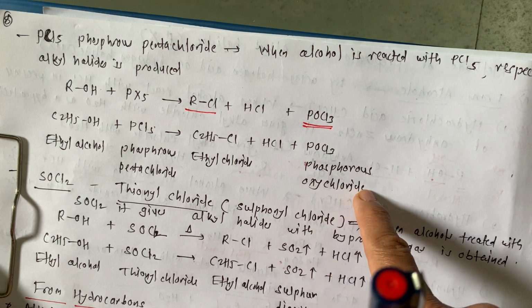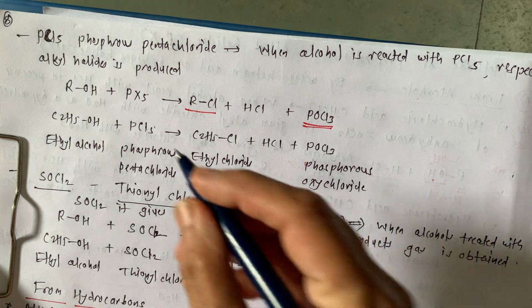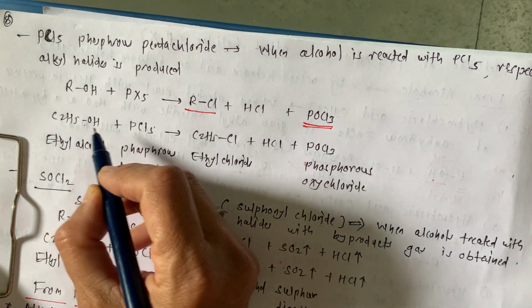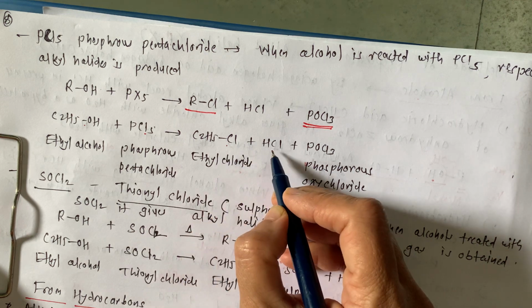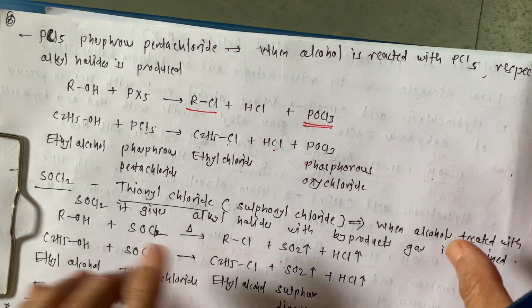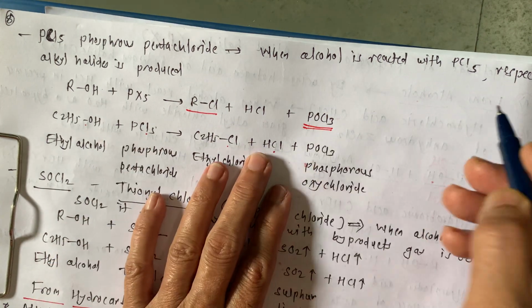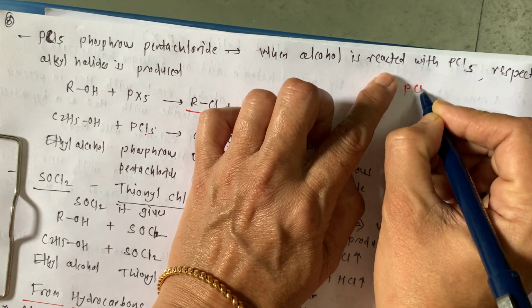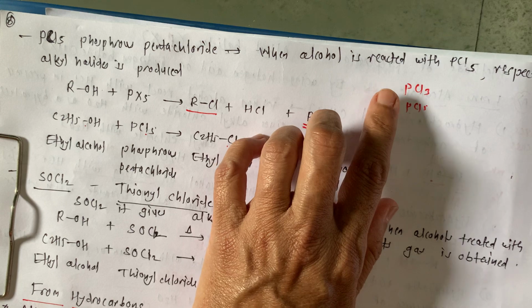One more example, ethyl alcohol treated with PCl5 forms alkyl halide, and the byproducts are HCl and POCl3. How to remember these two reactions? Reaction with PCl3 and reaction with PCl5. Okay, this is a simple trick I am going to show you.